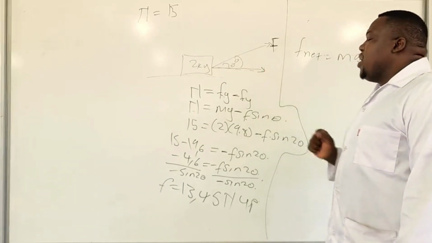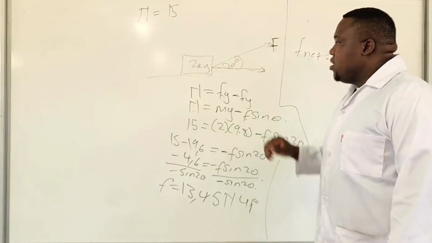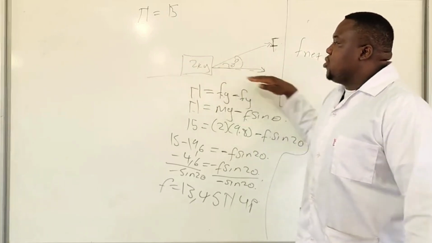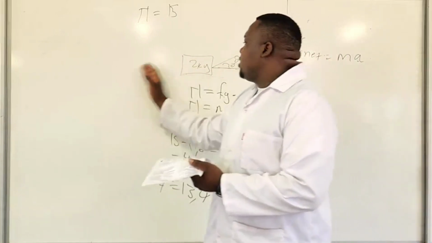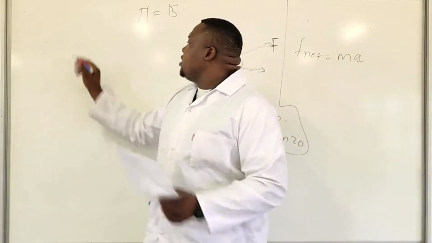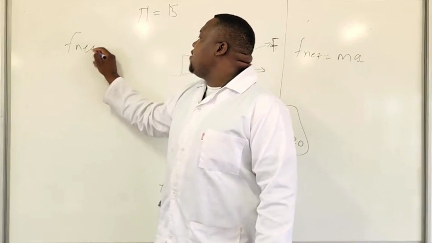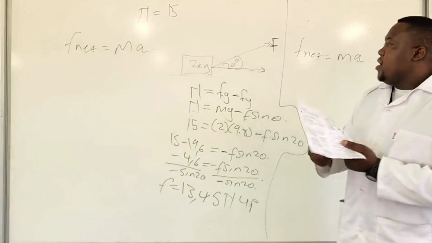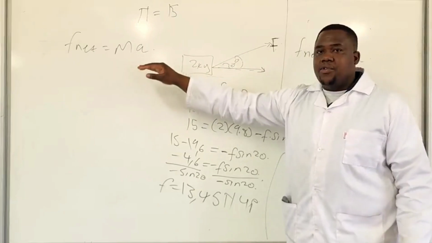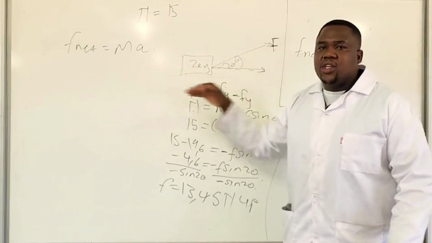The first force that I know is frictional force. We know that frictional force is going to act in this direction. Rather, let me write it here. F net is equal to ma. So checking here, F net is the sum of all the forces that are horizontal.